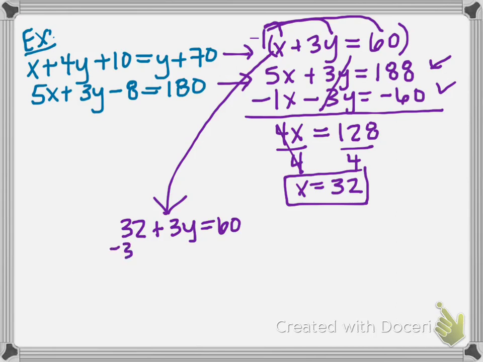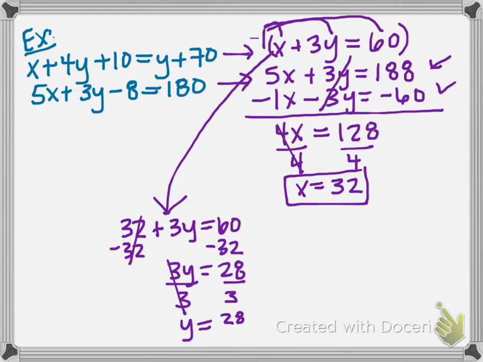So I'll move the 32 over by subtracting it from both sides. 3y equals 28. Divide both sides by 3. 3 does not go into 28 evenly, so I can just make sure that it is a reduced fraction. I'm just going to leave it as 28/3. Notice this y value and the x value of 32 are the same two values we got when we used the substitution method.